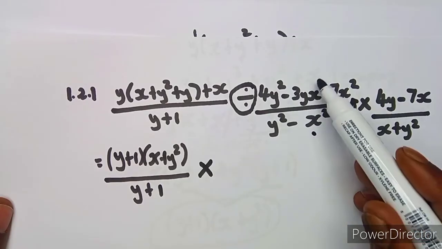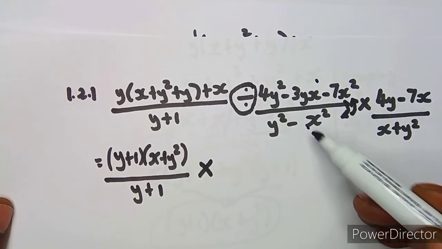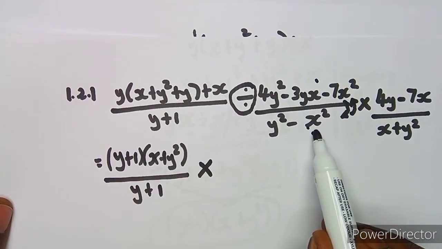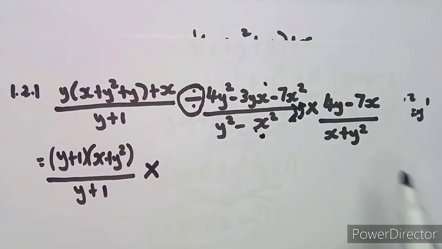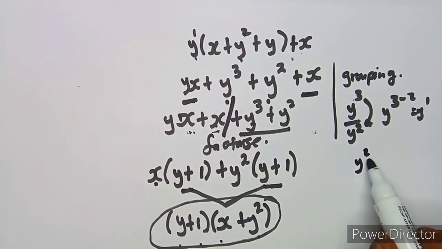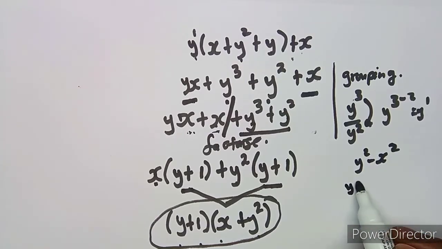This will be written on top and this will be written down. So we shall have y squared minus x squared on top, and we have to factorize it, which is a difference of two squares. As we can see, these two are squared, so it's y plus x into y minus x.